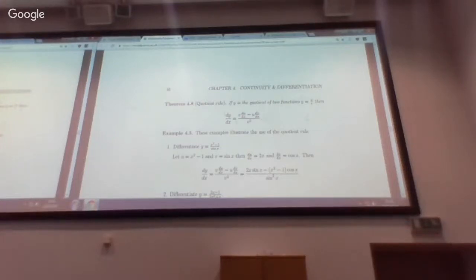Just a warning, similar to the one with the product rule: the derivative of a quotient is certainly not the quotient of the derivatives. It may work out like that by fluke for some very special cases, but in general it's not. The derivative does not behave like that. Again, you see something reminiscent of the product rule.